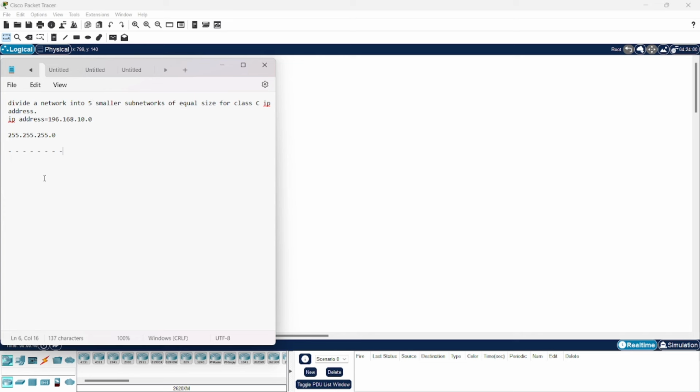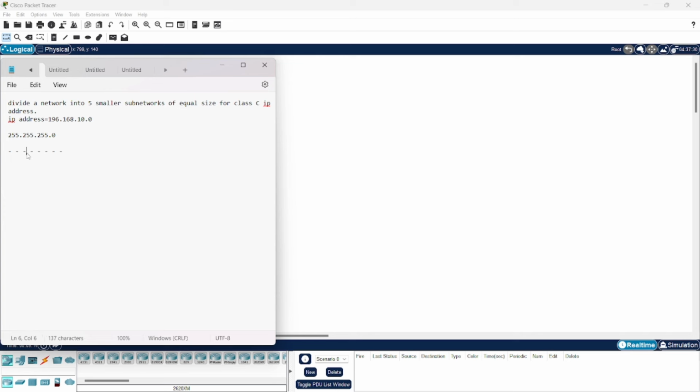So we will find the power of 2 that is just greater than 5. 2 raised to the power 0 is 1, which is very less than 5. 2 raised to the power 1 is 2, which is also less than 5. 2 raised to the power 2 is 4, which is also less than 5. But 2 raised to the power 3 is 8, which is just greater than 5.